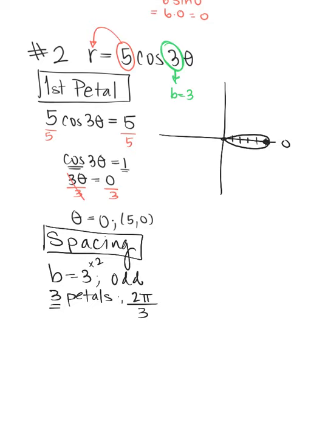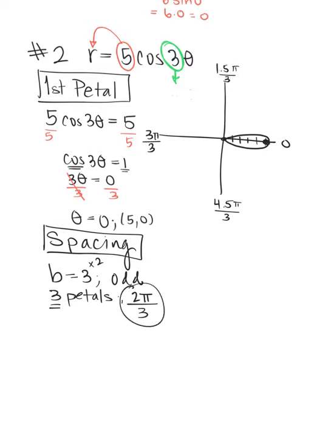Okay, so let me get some common denominators here. I'm going to give myself a little room. Let me erase that. Okay, so this will be 3 pi over 3 here, 6 pi over 3, so halfway in between would be 4.5 pi over 3 and 1.5 pi over 3.